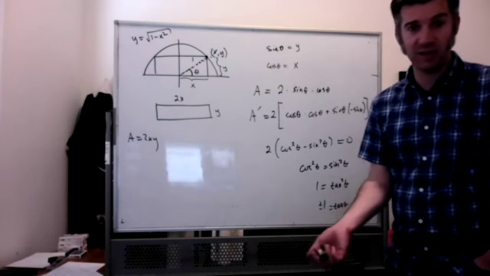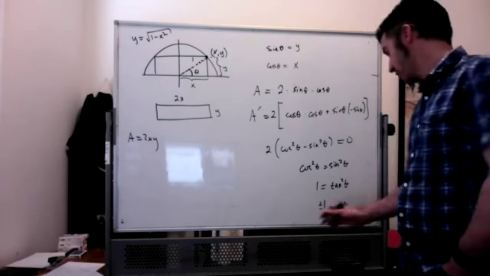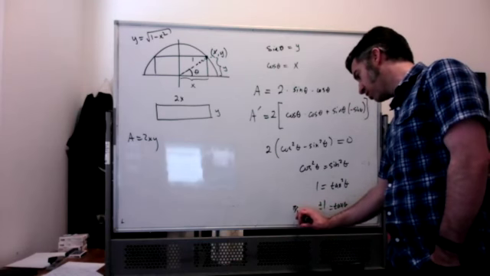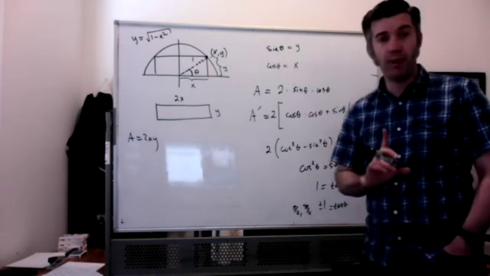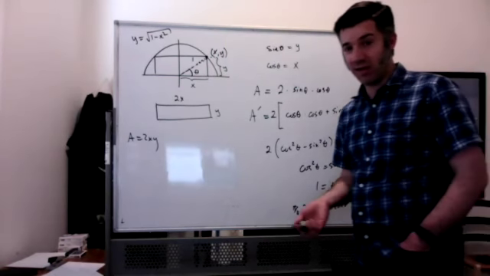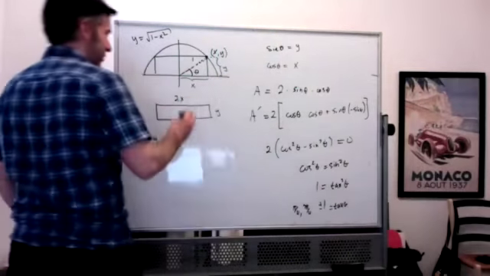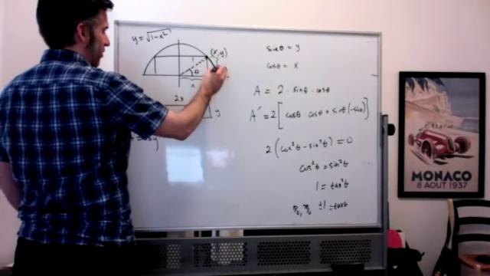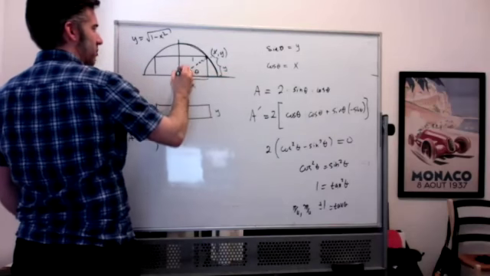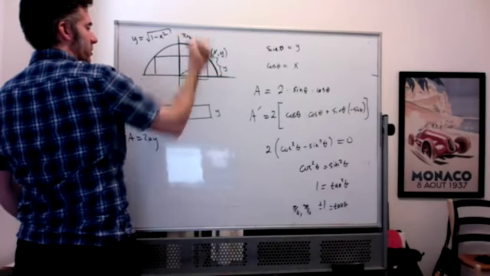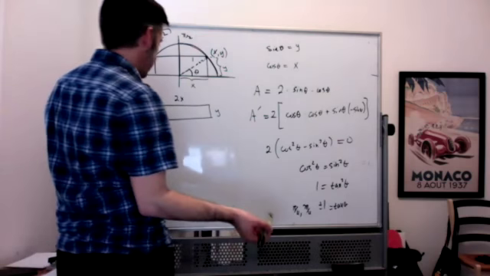And the angle where tangent is equal to 1 is pi over 4. You could say pi over 4, or 3 pi over 4, et cetera, but the only angle we really have to consider is pi over 4, because if this point is in the first quadrant, the angle has to be between 0 and pi over 2. So pi over 4 is our critical point.